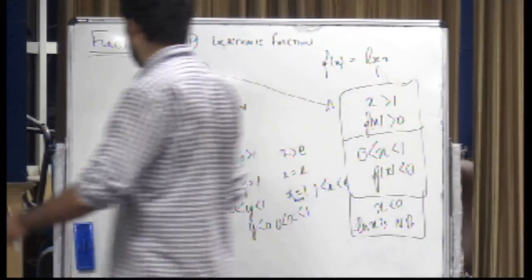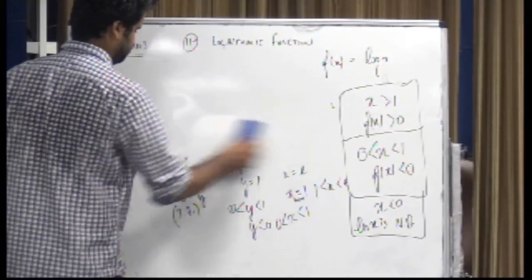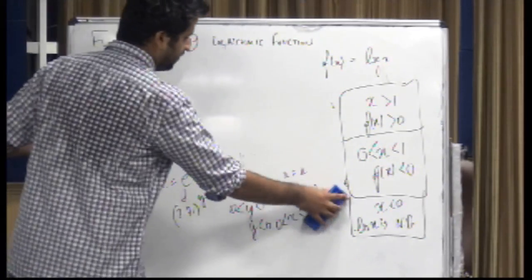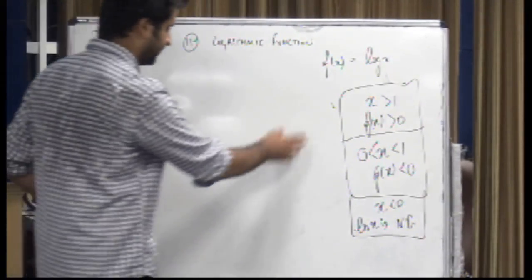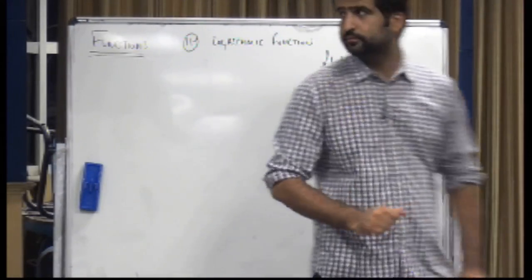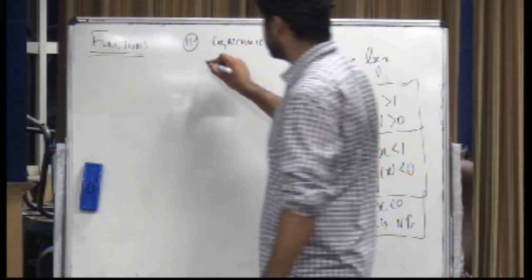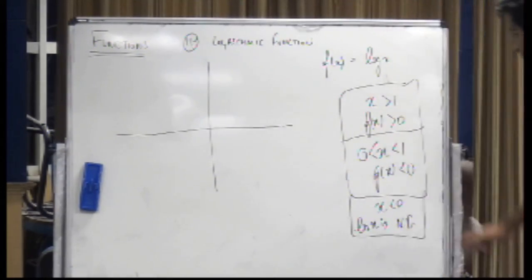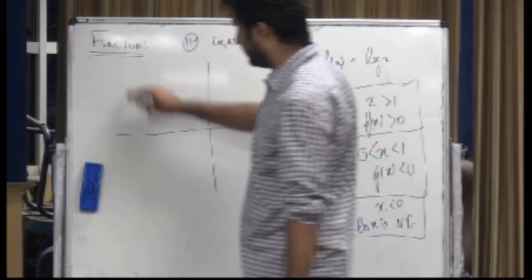So if we try to make the graph of this function, this definition is important. This is the main thing. So the graph of this function, first of all, since this function is not defined for negative values of x, this portion will be empty.